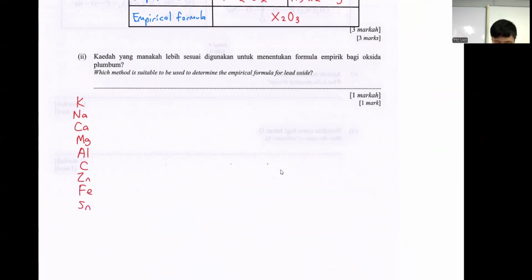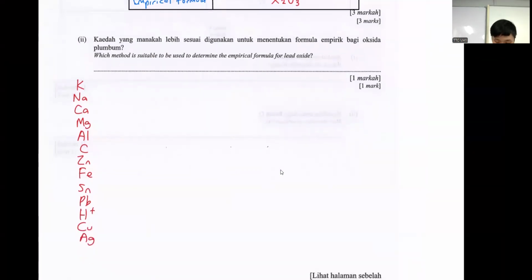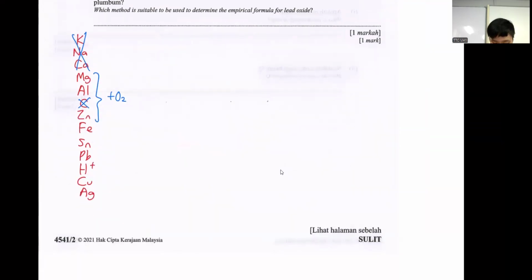This one, right? Normally the three are too reactive. Normally you don't use K, Na and Ca. Then normally magnesium, aluminum, and zinc burn with oxygen gas.